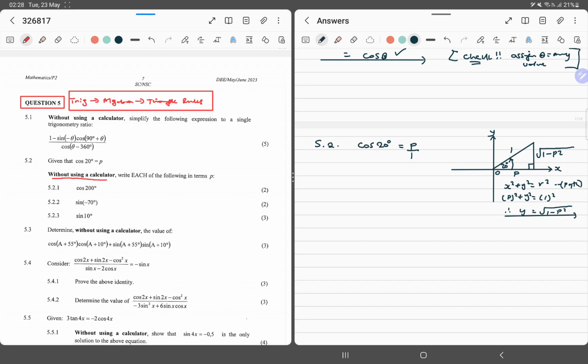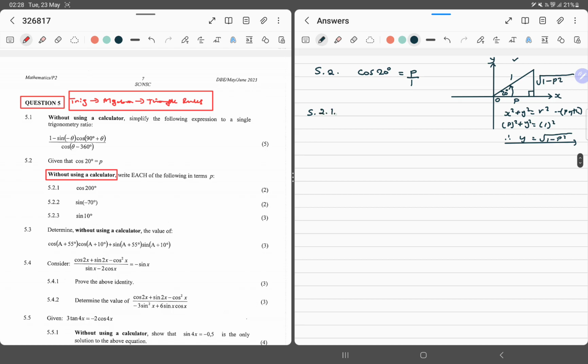So it says without using a calculator. So if we can't use a calculator, we use our terminal arm diagram. All right, so let's do it. 5.2.1 says we need to solve cos of 200 degrees.